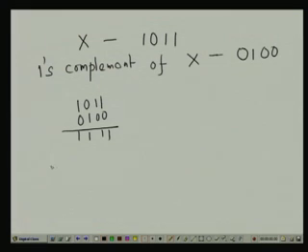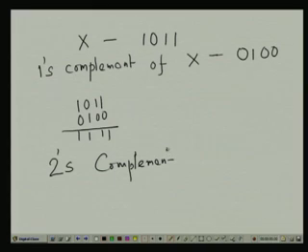Say the 2's complement of a number, say one number y we have taken, is 2 to the power n minus y.